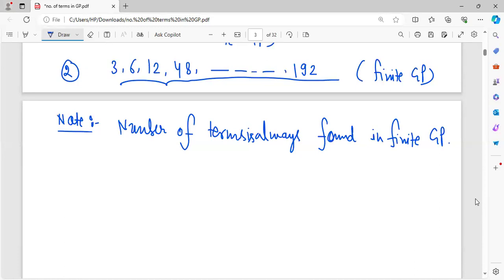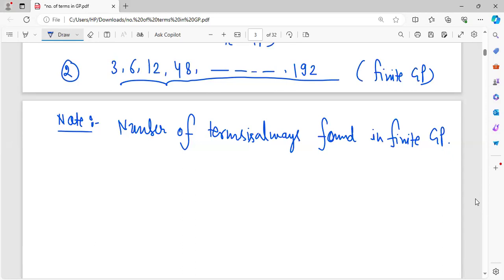In an infinite GP, how can we calculate the number of terms? Because there are infinite numbers. We can only calculate how many terms a finite GP has. So finding the number of terms is only allowed in finite GP.